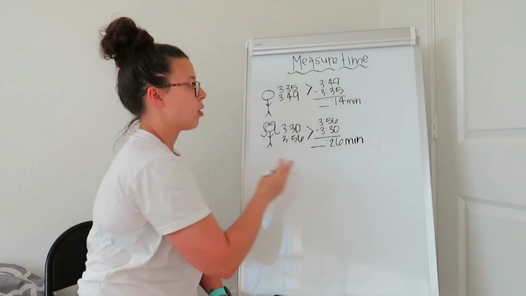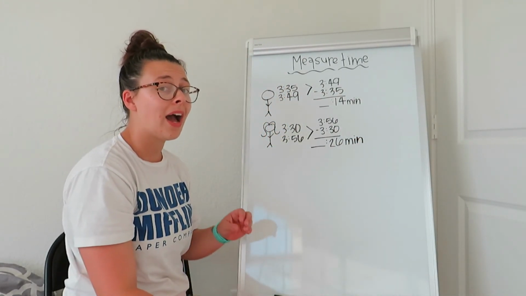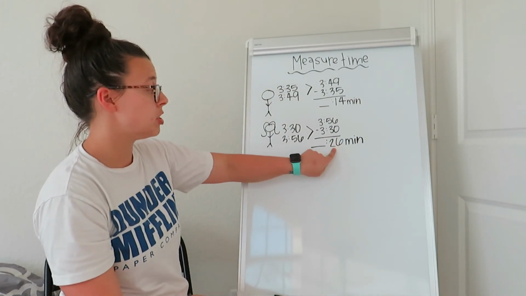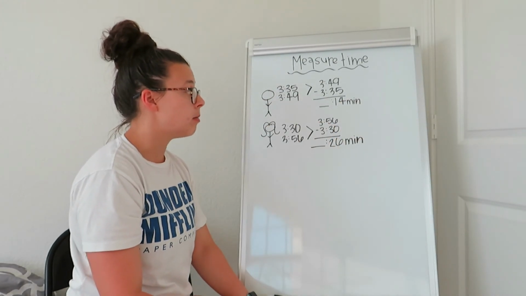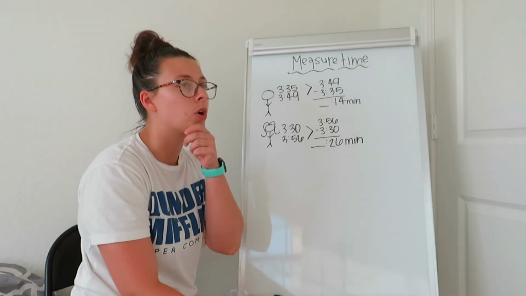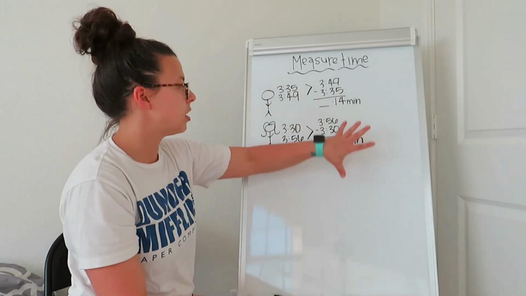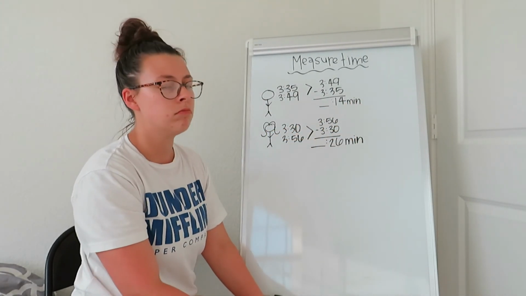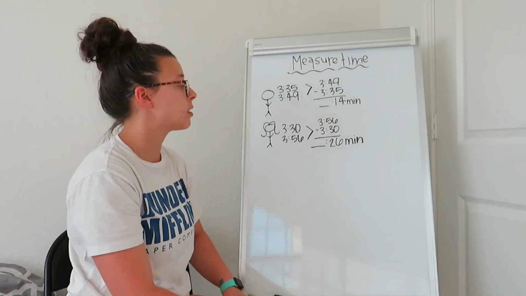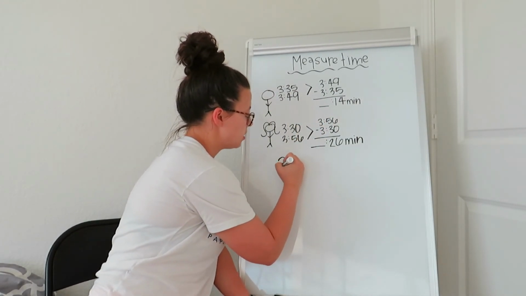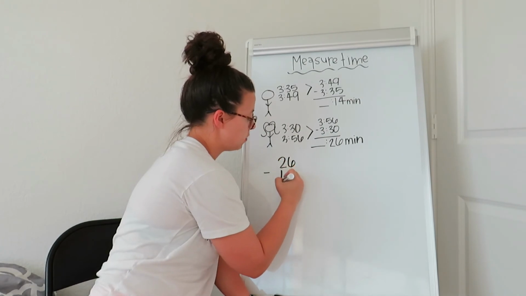Now, are we done? No, because we need to know how much more time did she spend than him. So how much more? What operation are we going to use? Are we going to combine their time? No, we're going to need to subtract. So let's see, we have 26 minus 14.